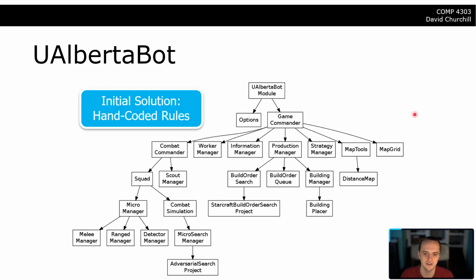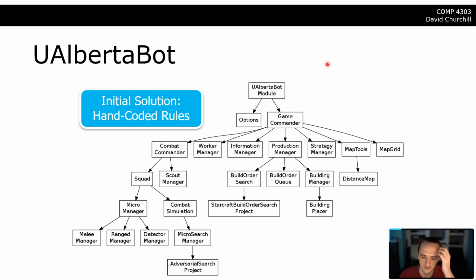When I designed the bot, it has this really nice hierarchical structure that we'll get into in fine detail later in the course. But what I did was I made it a modular system that was initially all hand-coded rule-based system. So if this, then this. If this, then this.